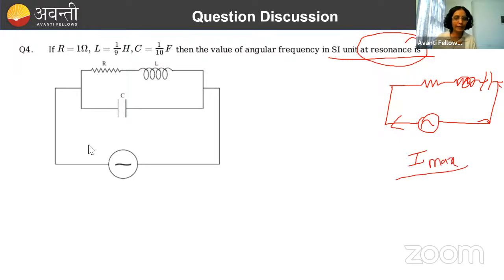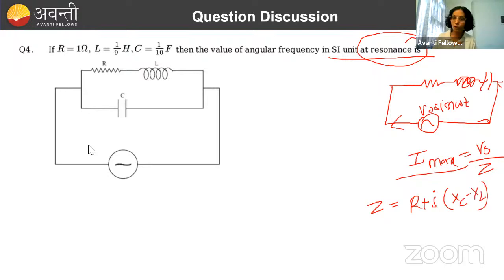For that, if you try to calculate I max, then I max will be equal to V naught by Z, where Z is the impedance and Z can be written as root over R squared plus (XC minus XL) squared. And if we have to maximize current, we need to minimize Z here, right?